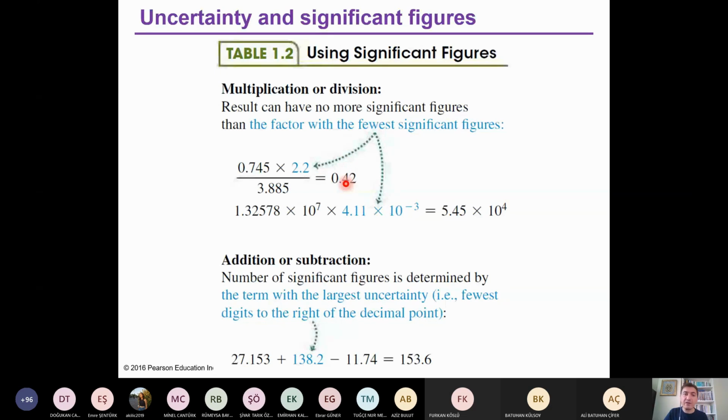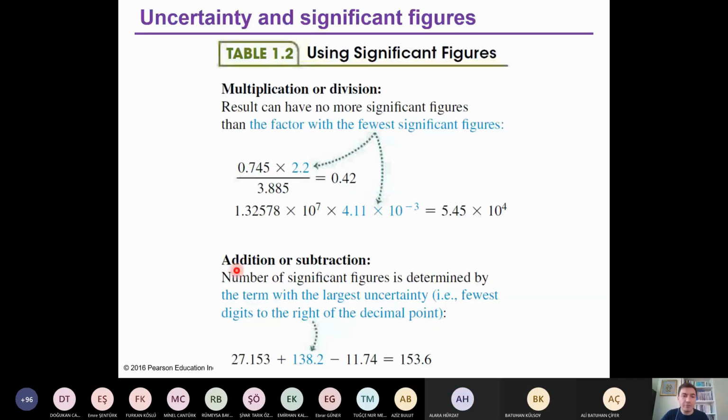Okay, so the least accuracy on the left side defines your accuracy on the right side. So again, for example, in multiplication, here we have 1, 2, 3, 4, 5, 6 significant figures. Here we have 3 significant figures, and the result can be 3 significant figures. You cannot give 6 significant figures on the right side because here we have only 3 significant figures. Is this part clear? If not, please let me know.